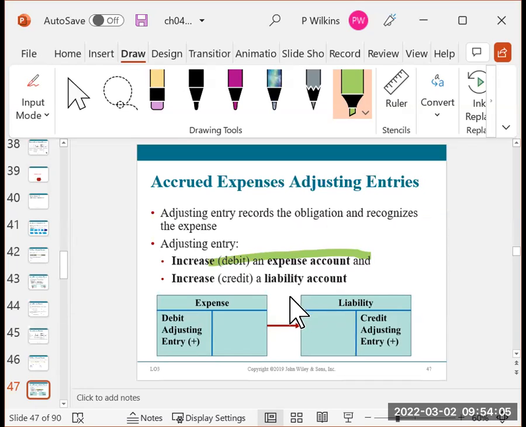You would be debiting an expense account, such as salaries and wages expense, utilities expense, a rent expense, something like that. Forgive me for that. Those are all expense accounts, right? And then you would be crediting a liability account, such as salaries and wages payable, or utilities payable, or accounts payable, or something like that. Okay, so those would be the entry for these type of adjusting entries that you will want to note.